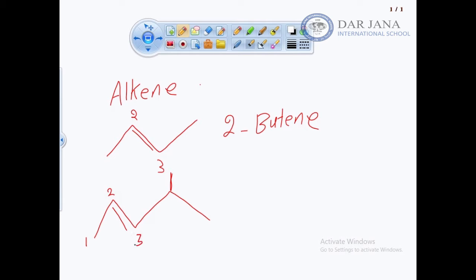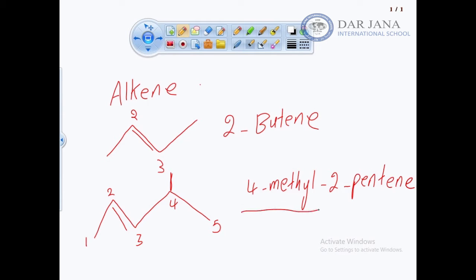Why? Because the priority here is for the double bond, not for the alkyl group. So the name of this compound is 4-methyl 2-pentene. You have to specify the location of the double bond after you write the alkyl group.